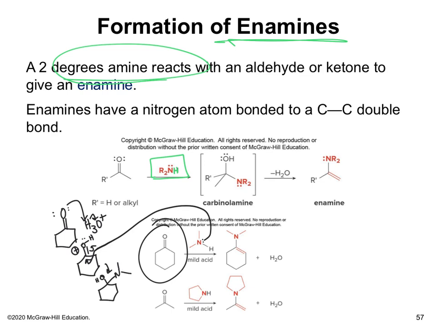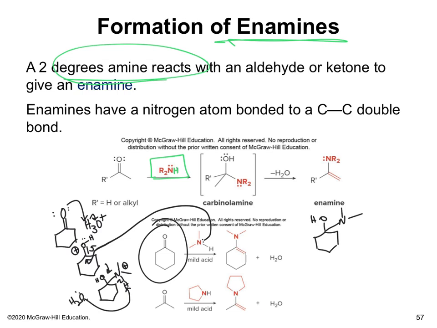And in this case, I see it's protonated. So then we're going to regenerate our catalytic acid by deprotonating that, and that's going to make the carbinolamine. So that carbinolamine is kind of like your hemiacetal.